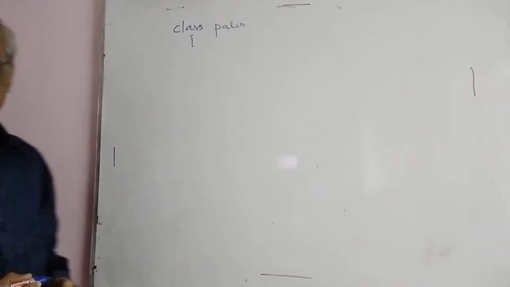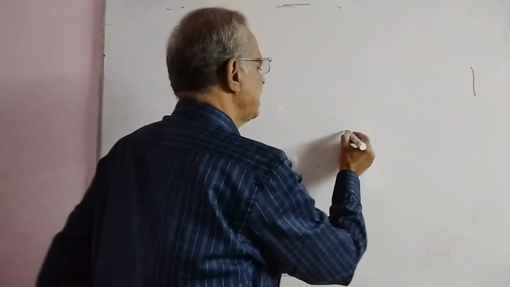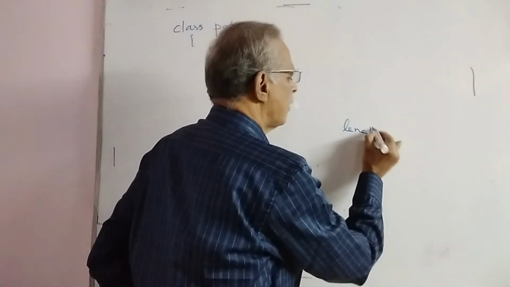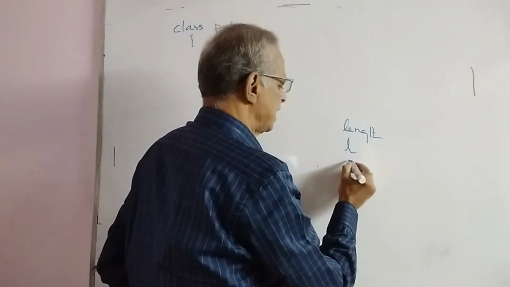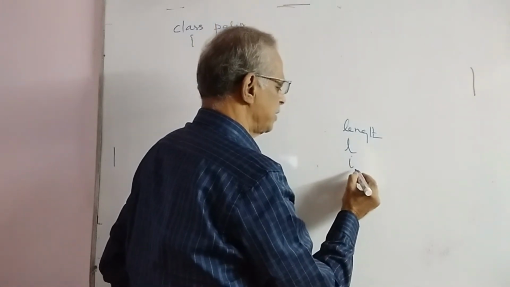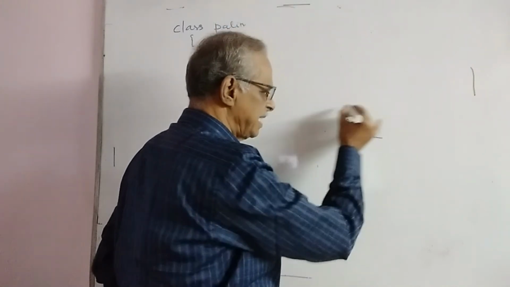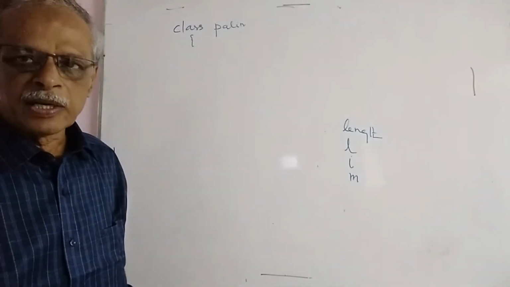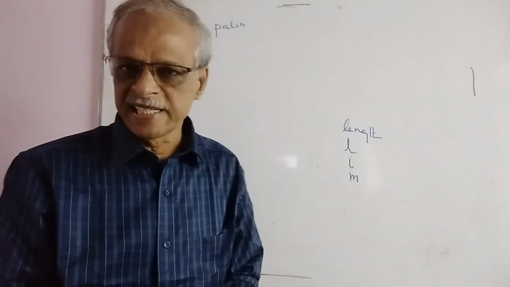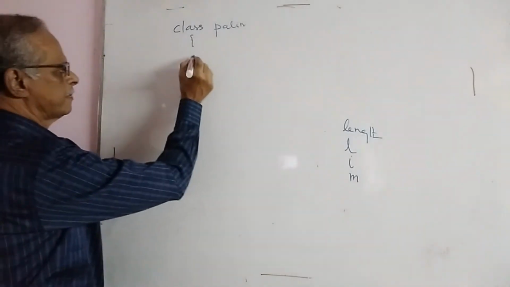Class name palin. We already discussed it. We need the length of the string, from which we calculate the last index, the index of the 0th character and the middle index. We already discussed why these parameters are required to check whether a given string is a palindrome or not. We have to declare them.